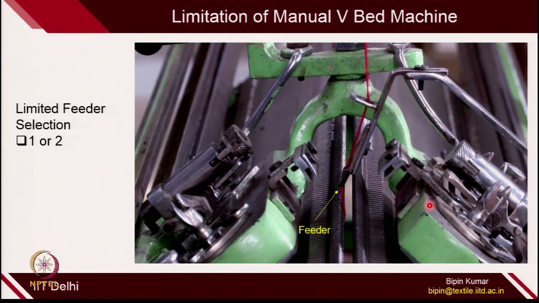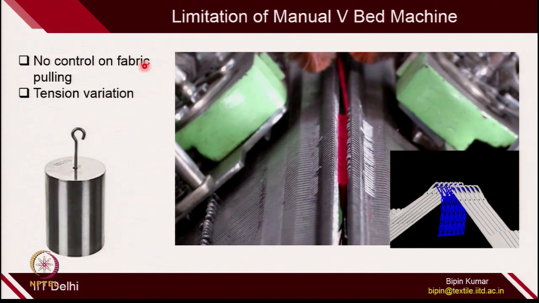This is again a problem, because when you want to make something which consists of multiple colors of yarns, then definitely more feeders are required, which is unfortunately not possible on a manual V-bed machine.